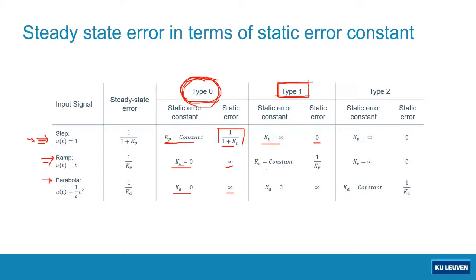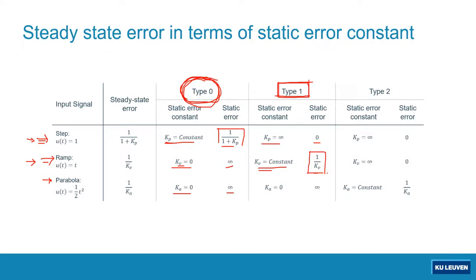For the same system, type 1 system, if for now ramp input is given, we will have a constant value for the static velocity error constant Kv. This will bring a consequence that the steady state error of the response will be equal to a finite value, 1 over Kv.